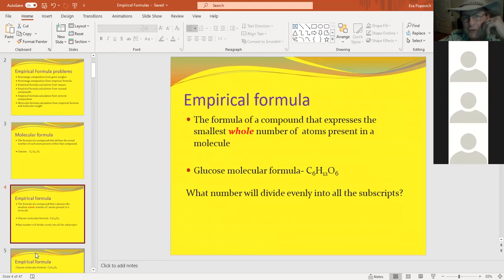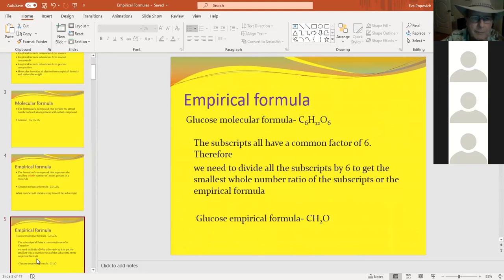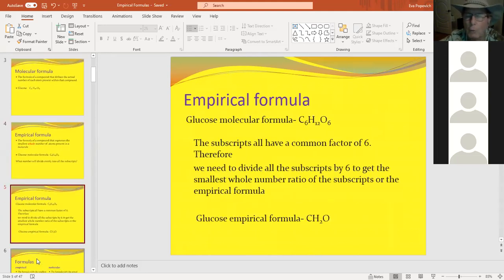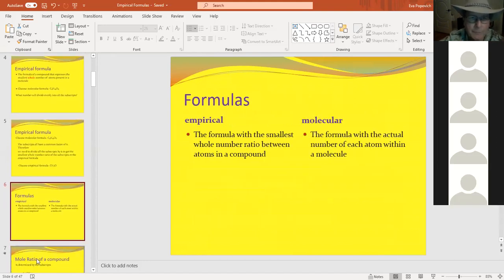So if I have C6H12O6, can I divide those subscripts by one common number? 6. And I end up with CH2O. Okay? So, molecular formula, the actual number; empirical, smallest whole number ratio.